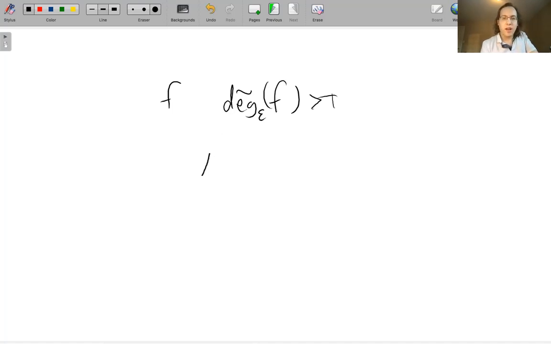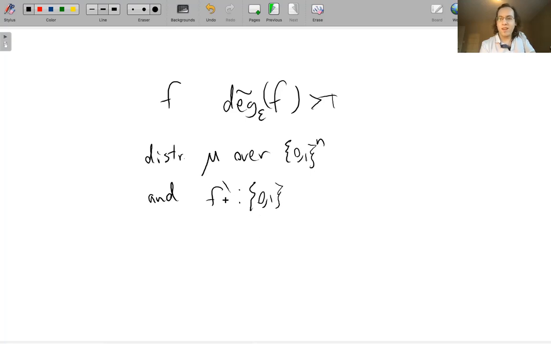One is a distribution mu over the Boolean hypercube, and you need to provide a modified function f prime, which is basically a modified version of f. It's almost f, but not quite.